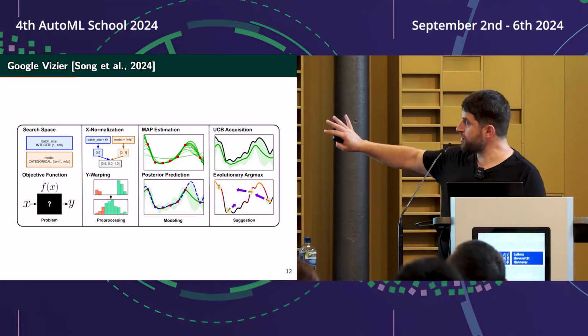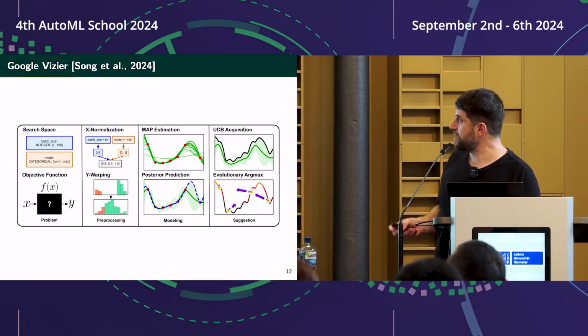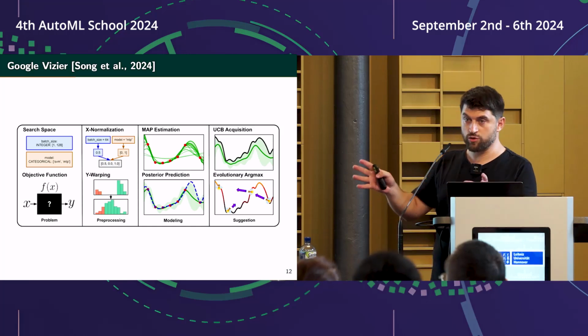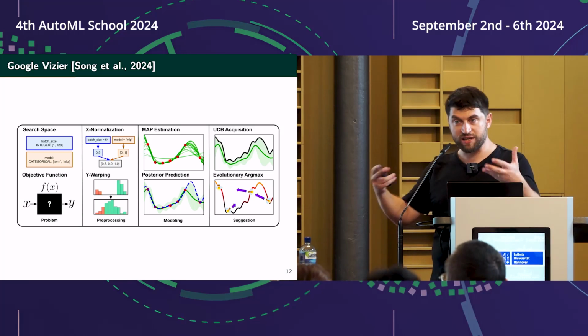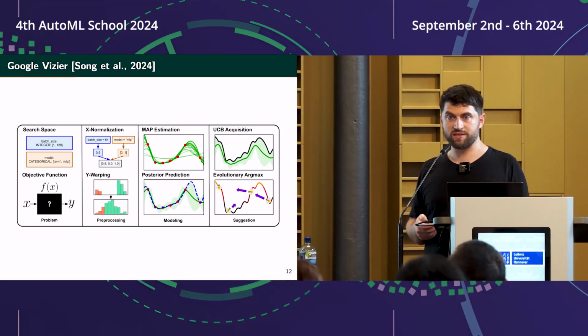So you'll see more about the details of Google Vizier, but just in brief, it is similar to HPO, but you also have an evolutionary search strategy to maximize the acquisition function.